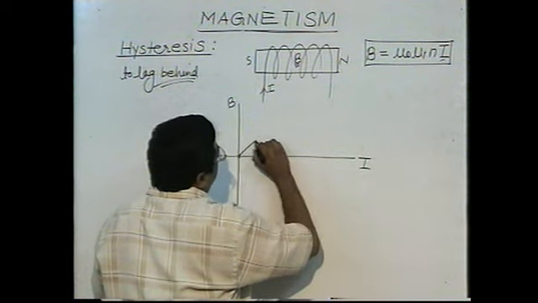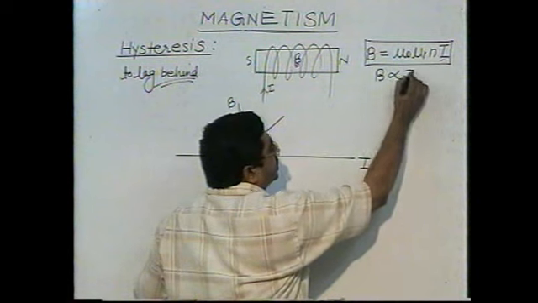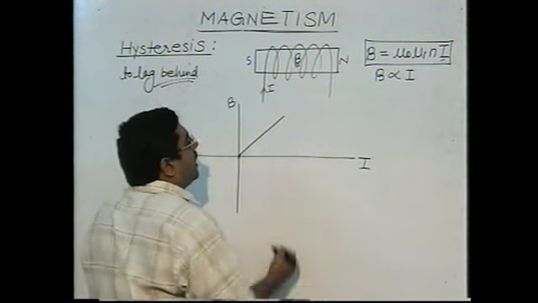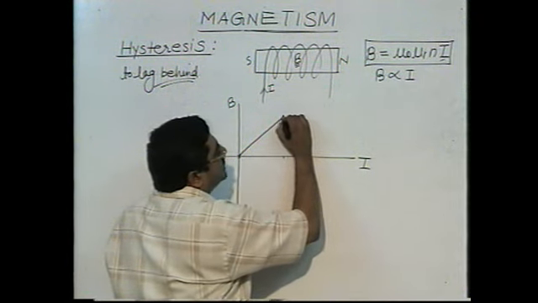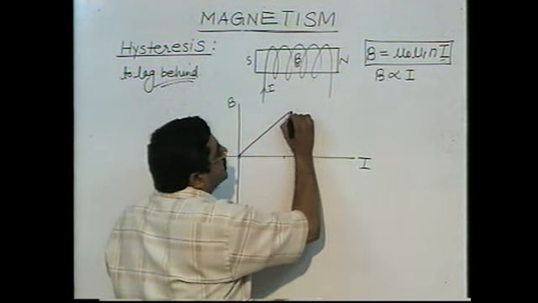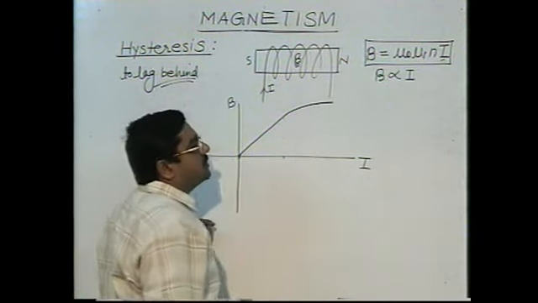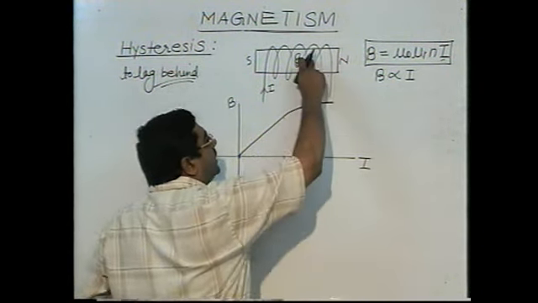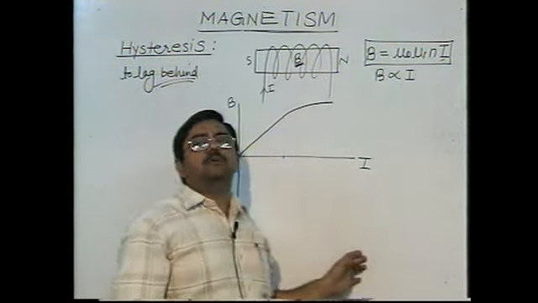Current increases, B also increases linearly, because the relation is directly proportional. But after a certain value of current, B goes into saturation. Saturation means what? If you again increase the current, there is no increment in B observed.